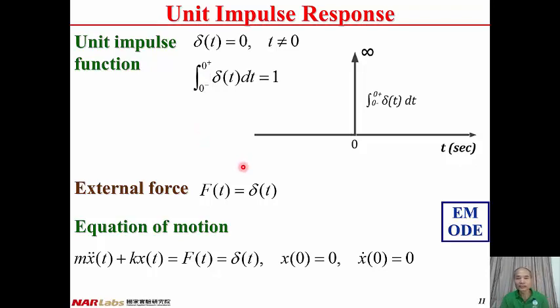If we assign the external force to be delta(t), the unit impulse function, and substitute it into the motion equation, we have mx double dot plus kx equal to f(t) equal to delta(t). And here are two initial conditions: initial displacement equal to 0, initial velocity equal to 0.